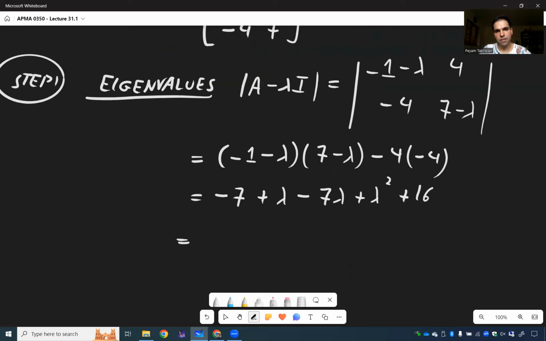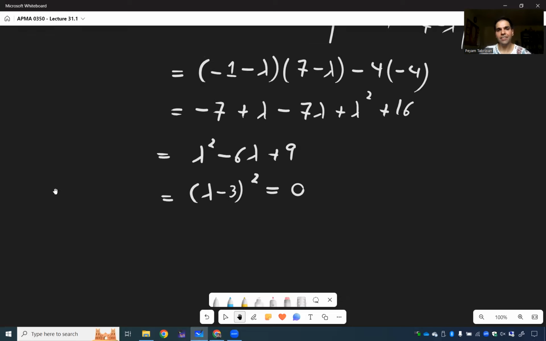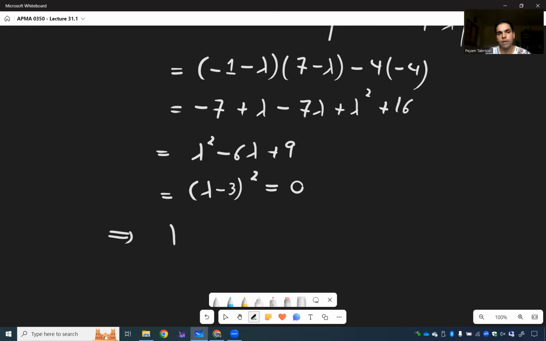And then we get lambda squared minus 6 lambda plus 9, which is a perfect square. And you set this equal to 0, and you then get the repeated eigenvalue lambda equals 3.